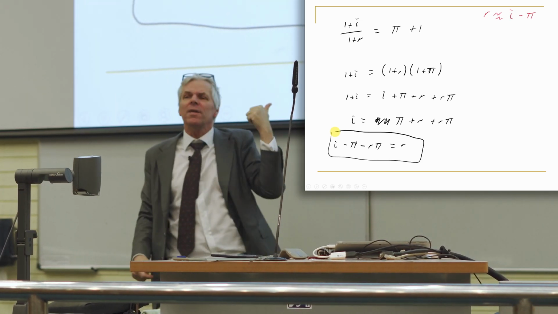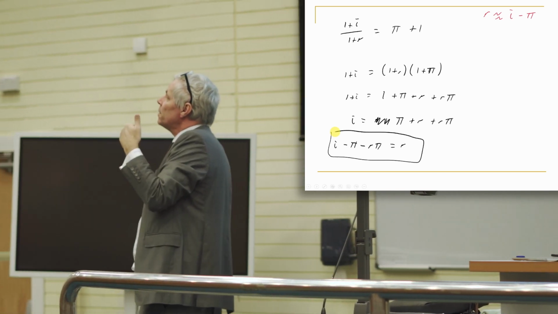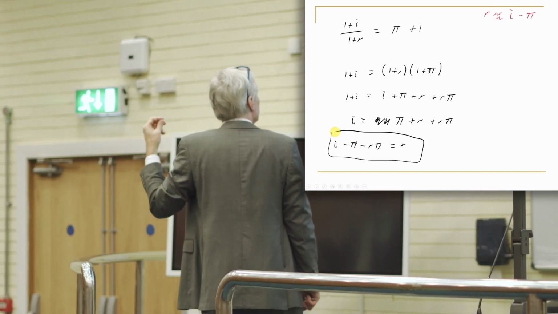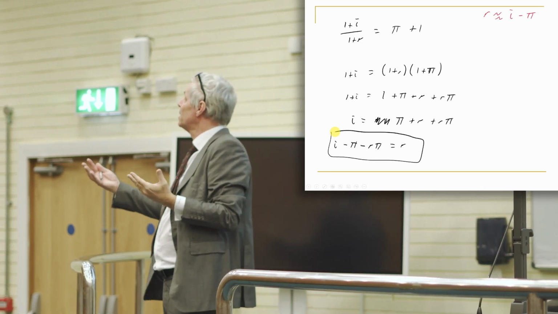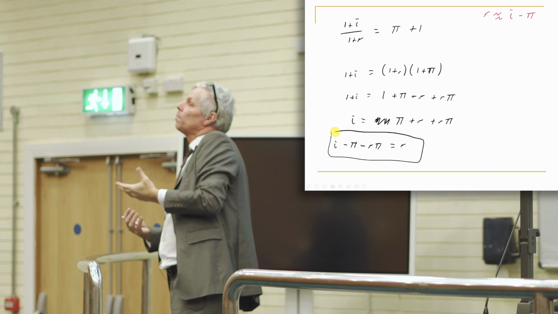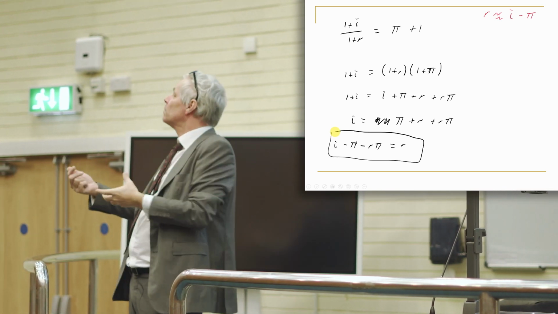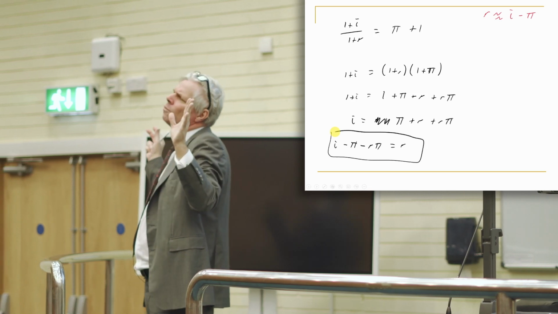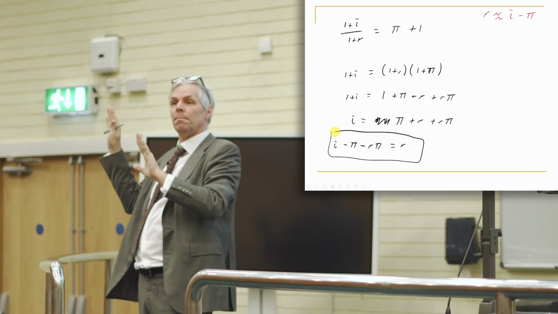But if we think about what the real interest rate and the nominal interest rate are, the inflation rate is probably something like 0.05. The real interest rate's probably something like 0.03. So 0.05 times 0.03 is really, really small, 0.00 something.